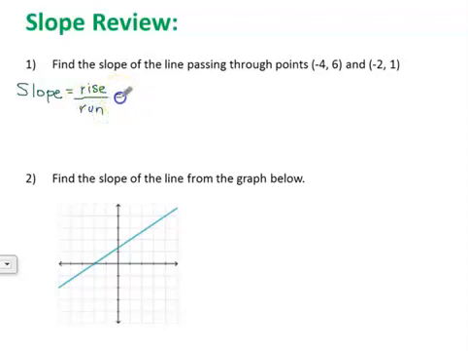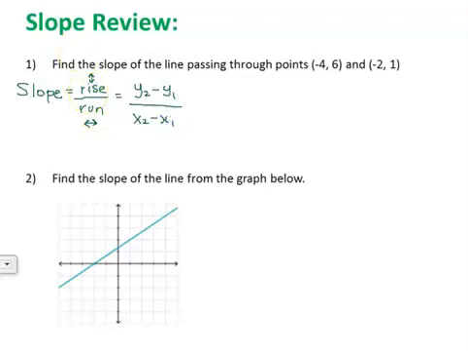Remember, rise tells us up or down. So to find the slope, the formula that we use is we subtract the difference between our y coordinates. And run tells us left or right. So to find the run, when we do the slope formula, we subtract our 2 x coordinates.